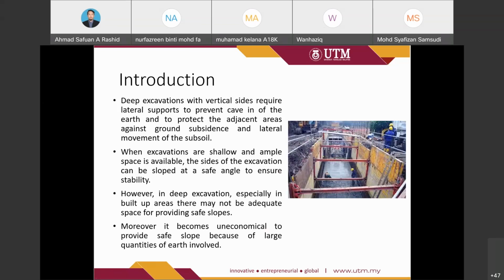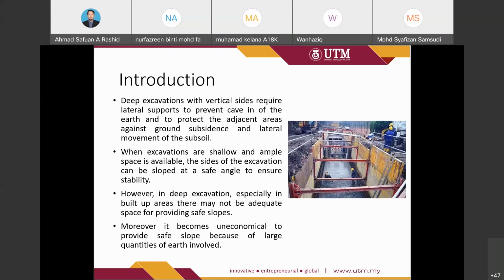So deep excavation with vertical sides requires lateral support to prevent cave-in of the earth and to protect the adjacent area against ground subsidence and lateral movement of the subsoil. That is the important reason why we need a lateral support.